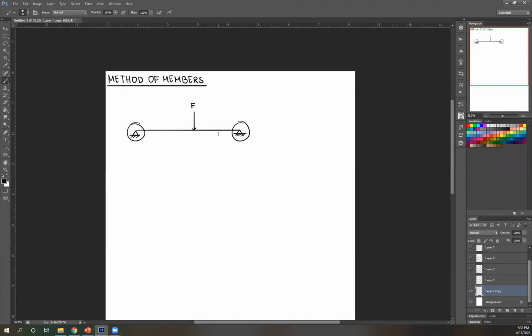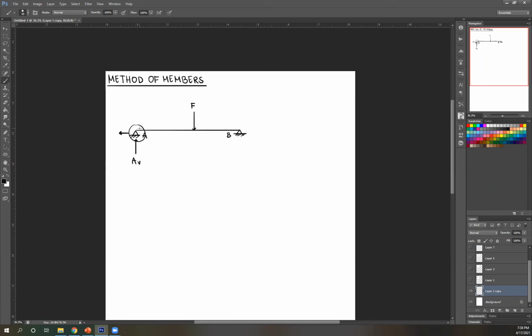So what will happen at the reactions? Well, for a pin, same thing, you're going to have vertical and horizontal. So let's call this A, let's call this support B. So this is now AV. And then remember, for a pin, it has perpendicular and parallel reactions depending on the surface and the applied load.